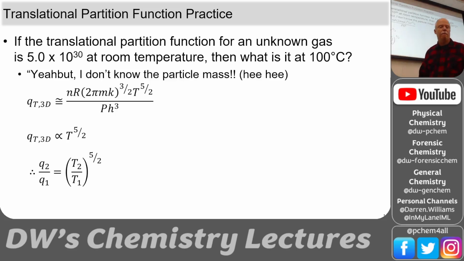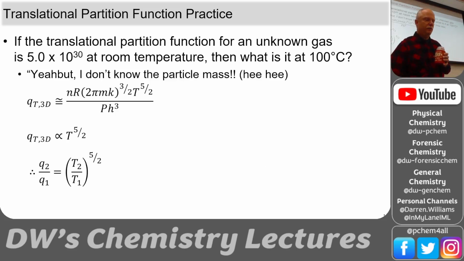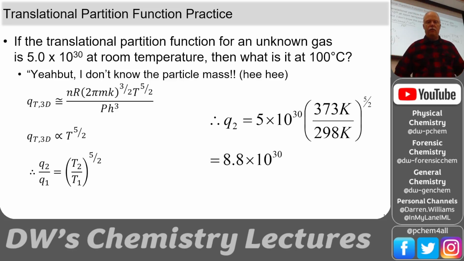Does this only work because it's a really high temperature? No, this works even at low temperatures. So if we put those temperatures in, we end up with 5 times 10 to the 30 at room temperature, and 8 times 10 to the 30 at 100 C. So going from room temperature to boiling is not that much of a change temperature-wise, but we would have more energy levels populated.